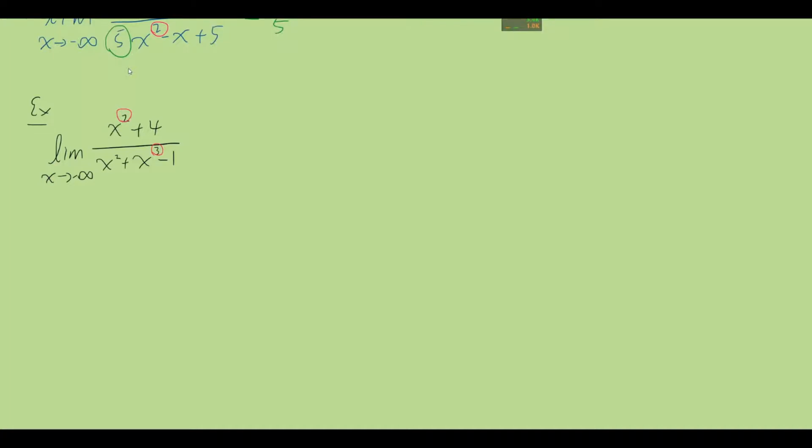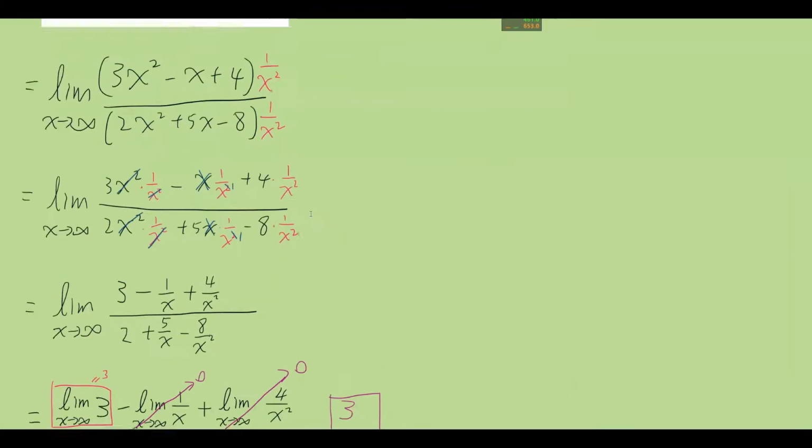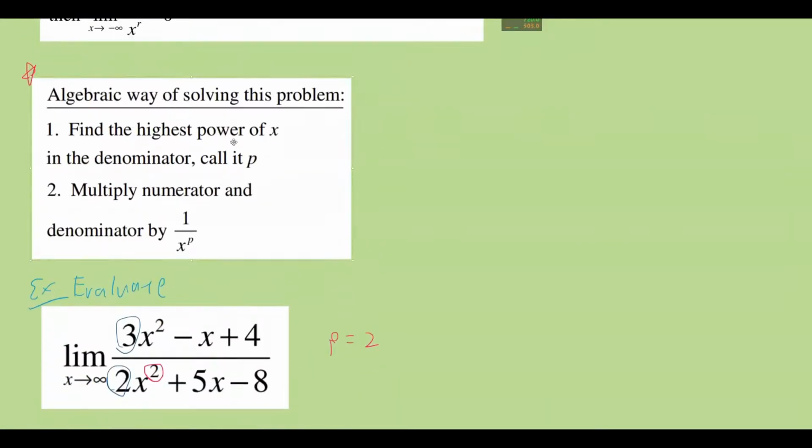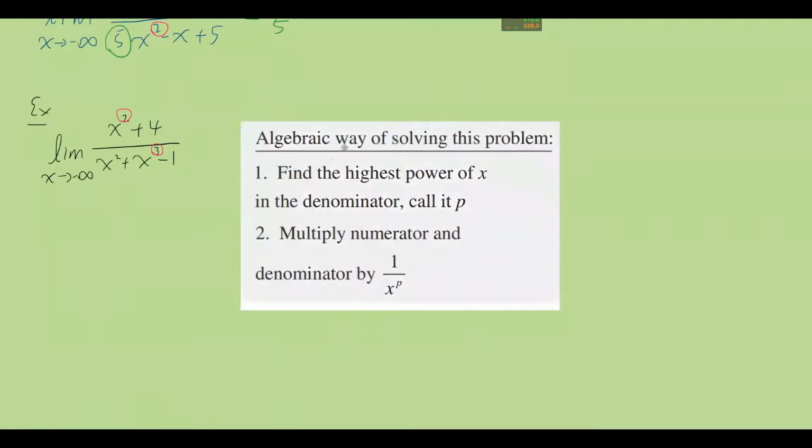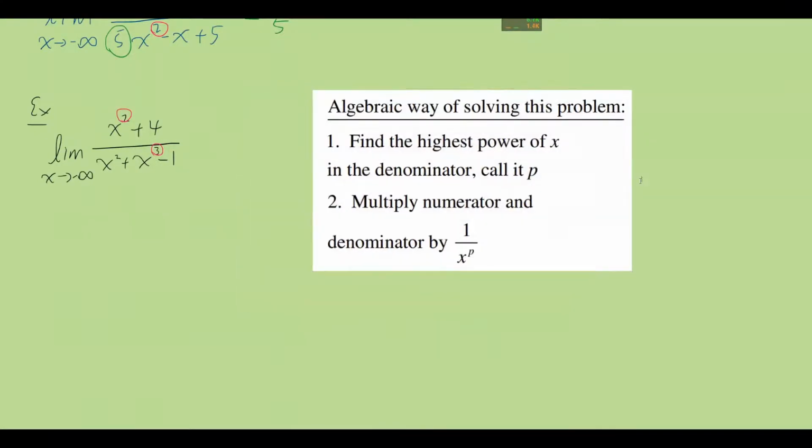So in this case, we're going to apply the same technique that we started with, which is using the algebraic way to evaluate this problem. The highest power of x in the denominator is 3, so we will call p equal to 3. We're going to do the same thing.